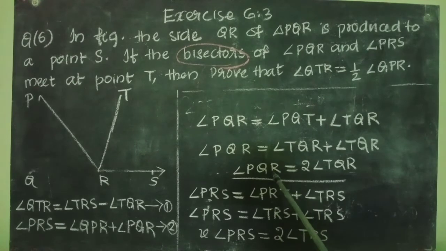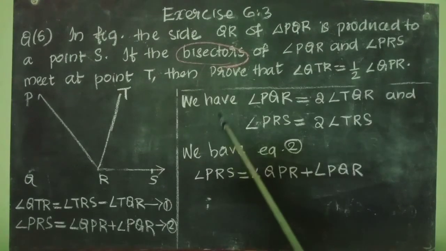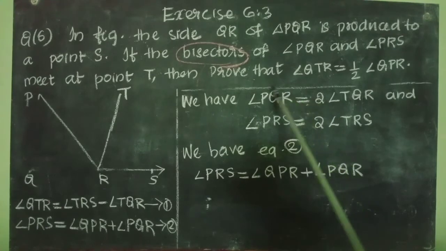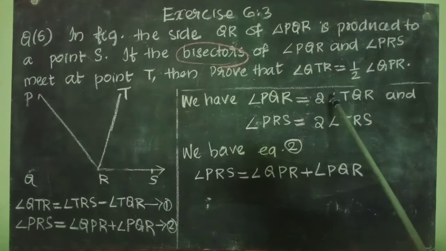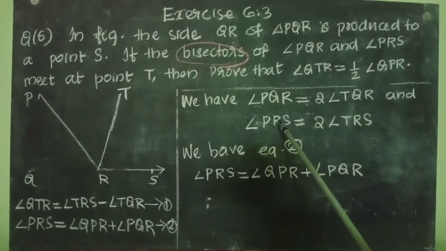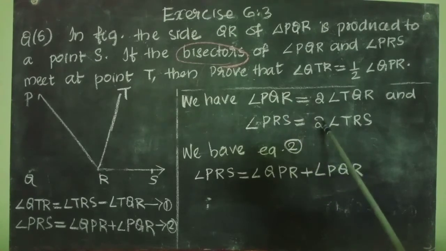So we have angle PQR equals 2 angle TQR and angle PRS equals 2 angle TRS.